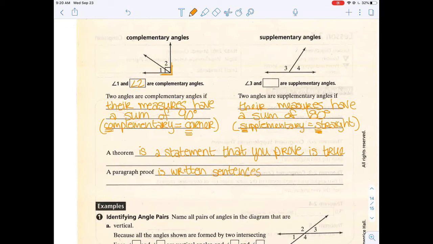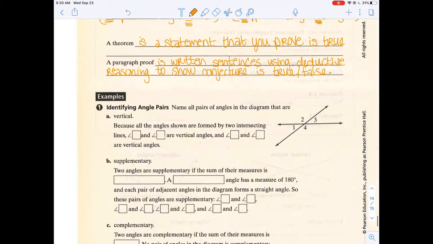It's a paragraph, gotta have sentences, using deductive reasoning. So what we've been talking about. To show a conjecture or a guess, a statement is true or false. Okay, so it's basically you just explaining why you think something is true or false.